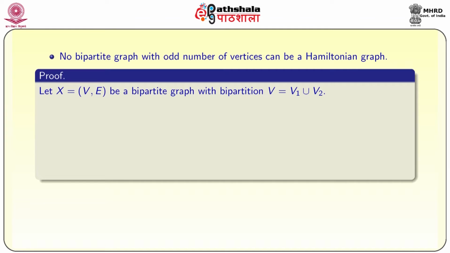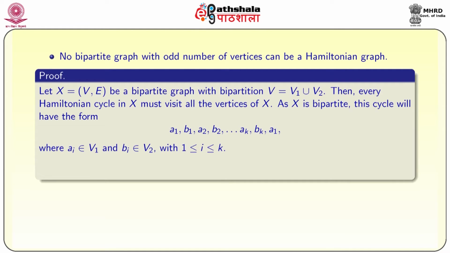Let X equal to V comma E be a bipartite graph with a bipartition V equal to V1 union V2. Then every Hamiltonian cycle in X must visit all the vertices of X. As X is bipartite, the cycle will have the form a1, b1, a2, b2 and so on, ak, bk and again a1, where a belongs to V1 and b belongs to V2.